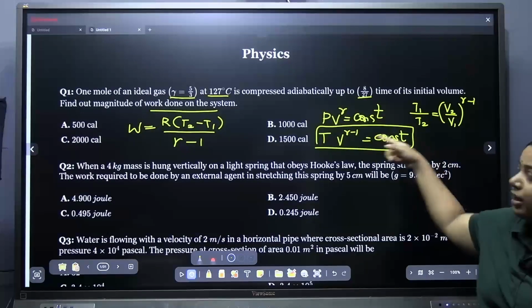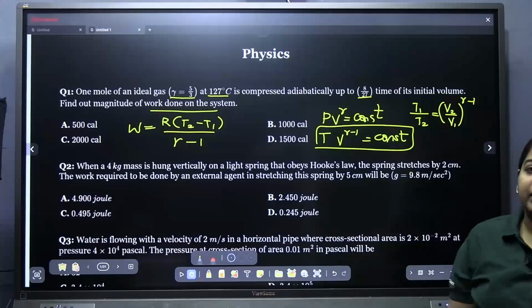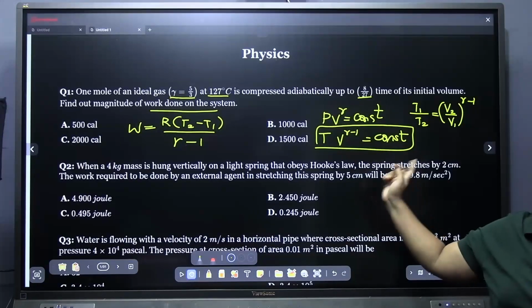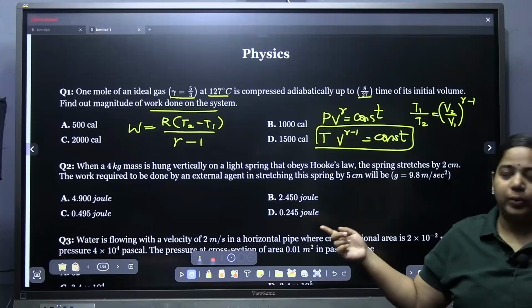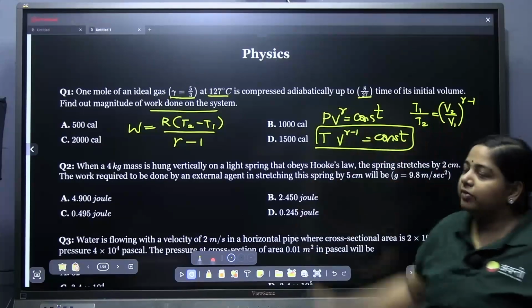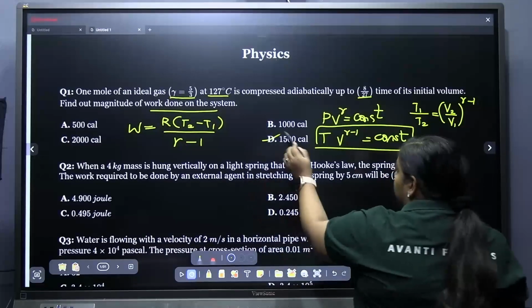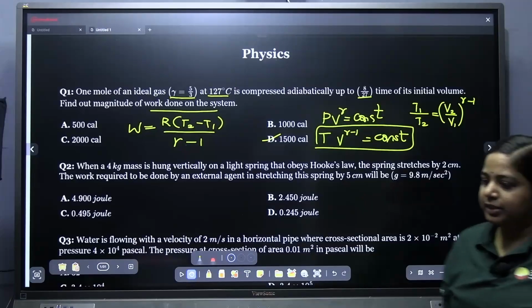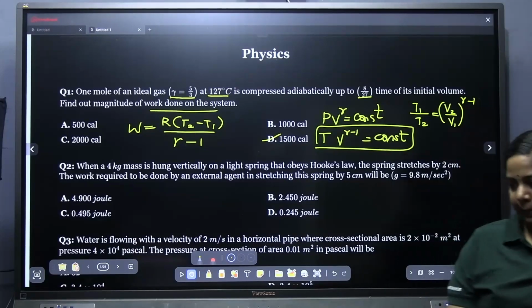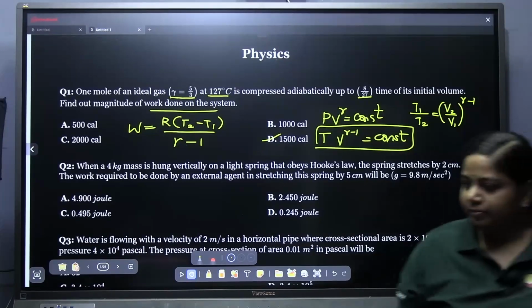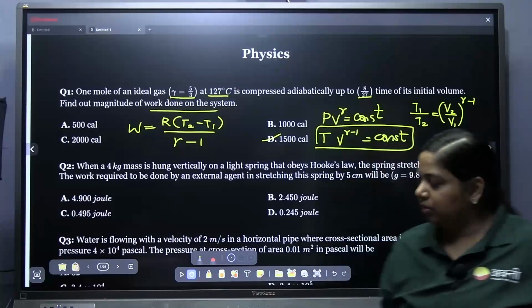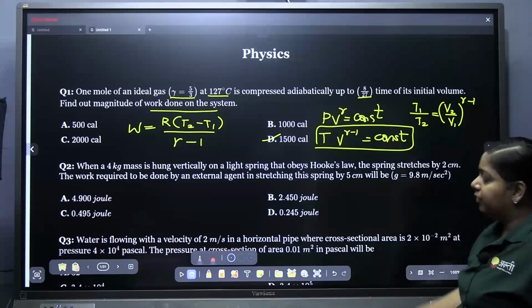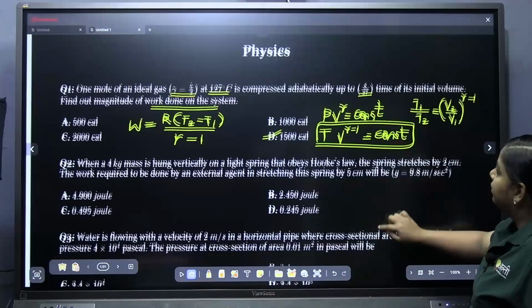Gamma minus 1 will be 2 by 3, so cube root and square. Substituting all that, you will get the answer, that is option D, 1500. Is there any doubt in this question? Okay, then we can move to the next one.